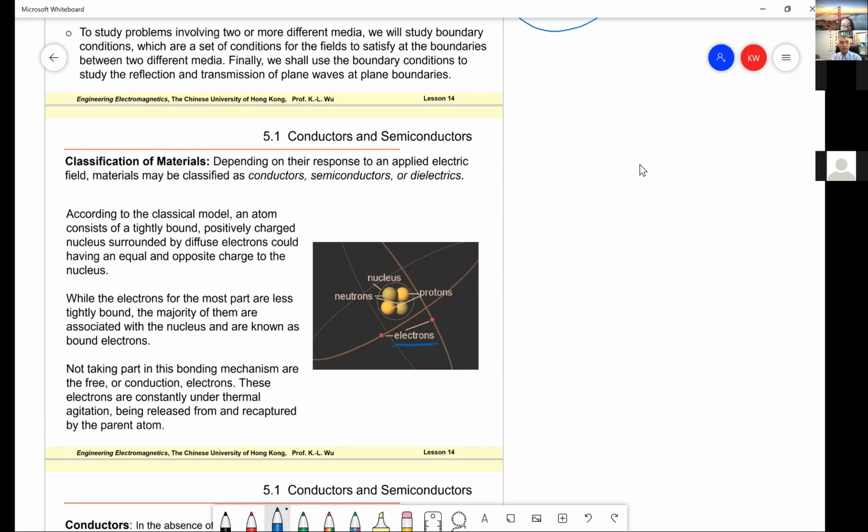For some materials, we have more tightly bound electrons with the nucleus.